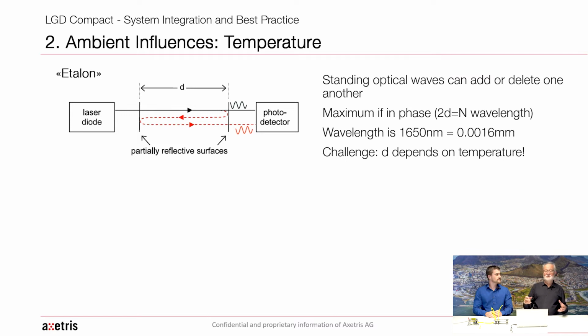So the real challenge is that the distance between these two windows, which defines the delay, depends a lot on ambient temperature, because the material holding the two windows will contract when you cool it down, or vice versa. And when it changes only a thousandth of a millimeter, you can walk through full wavelengths.